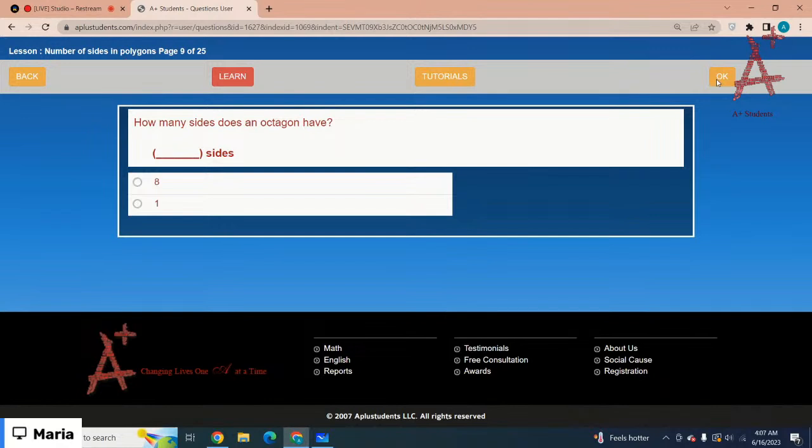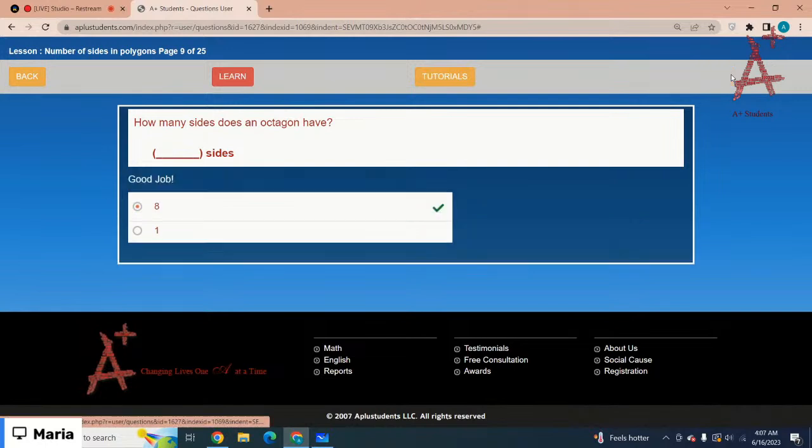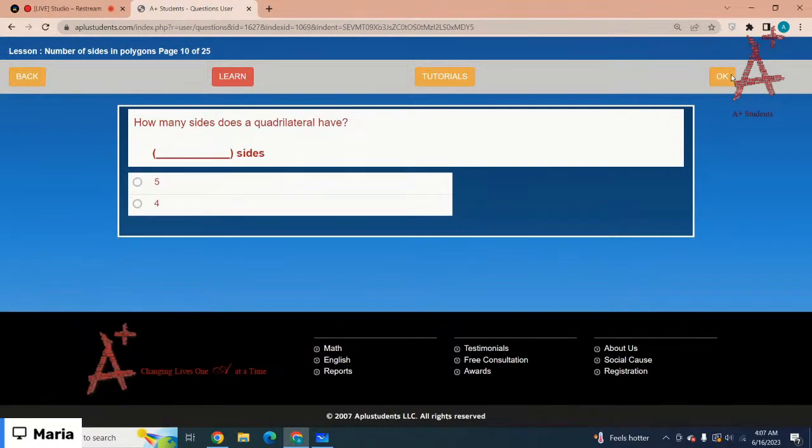How many sides does an octagon have? Octa means 8. So an octagon has 8 sides. How many sides does a quadrilateral have? Quad means 4. So a quadrilateral has 4 sides. Got it?